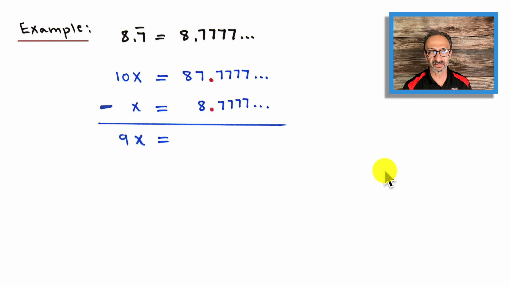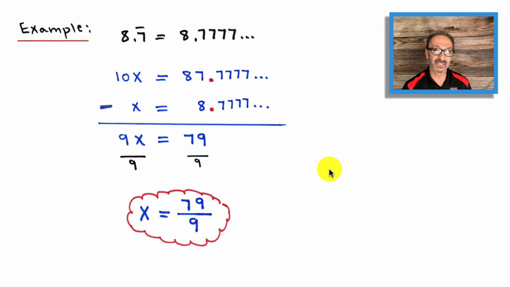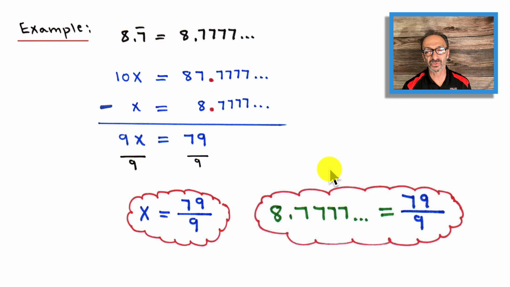I get 9x on the left, 87 minus 8, which is 79. This cancels. Divide both sides by 9. And I get x equal 79 over 9. And that's the answer. 8.7 repeating is equal to 79 out of 9.